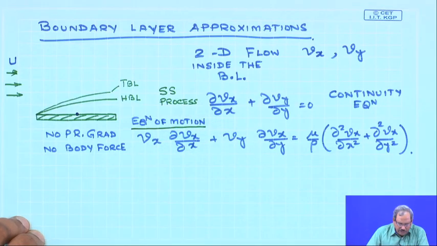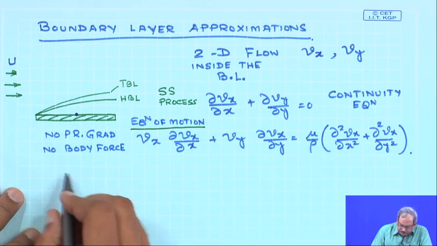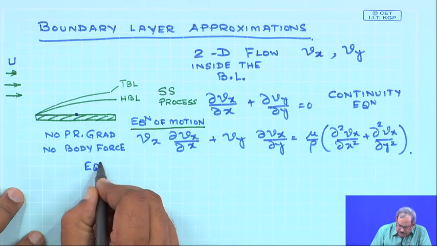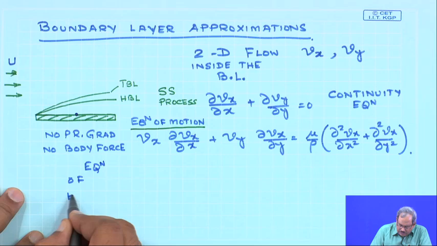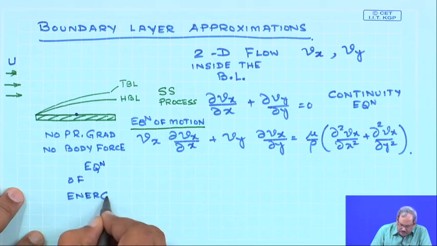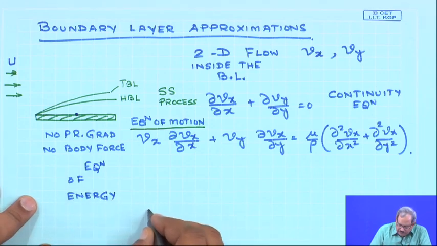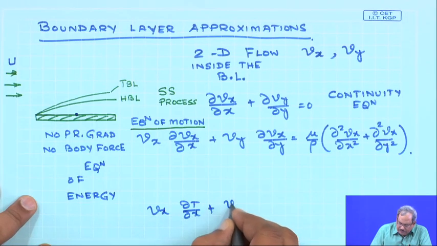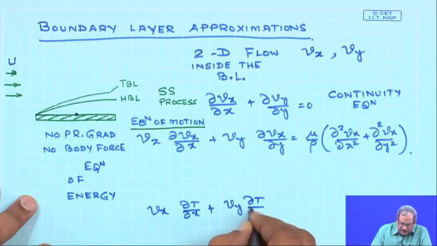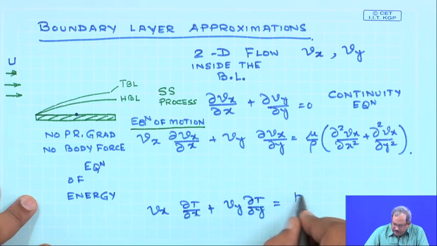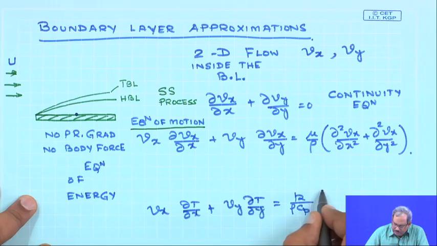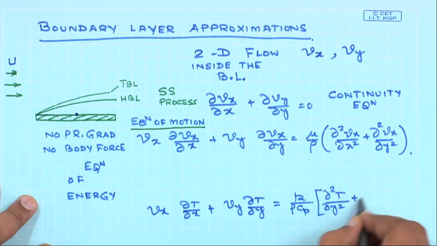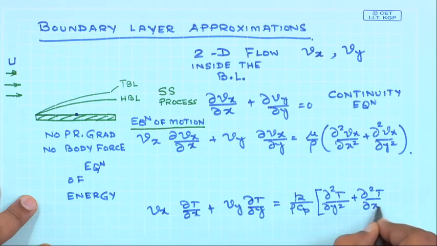So this is going to be the other equation, and the equation of energy is Vx del T by del x plus Vy del T by del y is equal to k by rho Cp times del square T by del y square plus del square T by del x square.